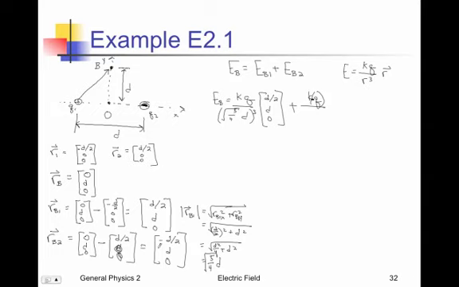What am I going to have here for R_B2? The magnitude is the same, because these values are the same as these values, and since I'm squaring the term, I don't worry that it's a negative. So I get the same thing, the square root of 5/4 D, cubed. And now I'm going to have a negative D over 2, D, and 0. So E_B equals kQ over the square root of 5/4 D cubed.